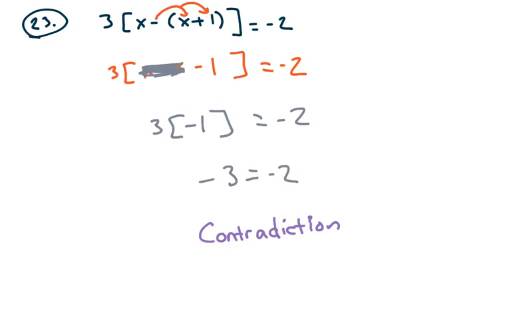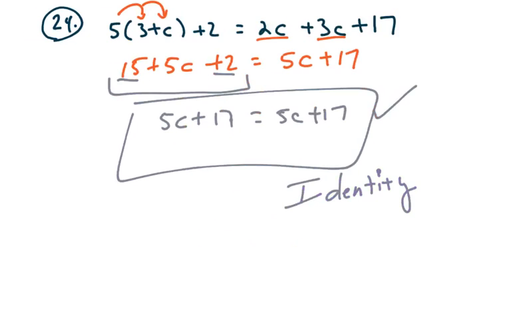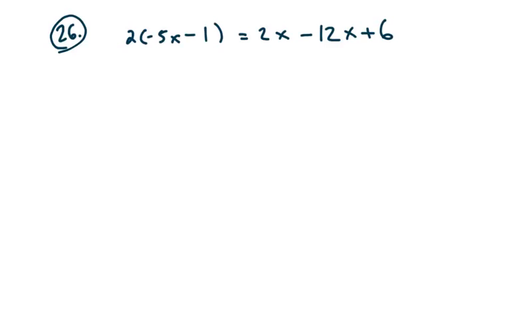And on 23, we get what's called a contradiction, and that means that it doesn't matter what you plug in, it's never true. That statement is never true. Okay? So, try 26. It probably will be one of the 3 scenarios, and we'll talk about it afterwards.